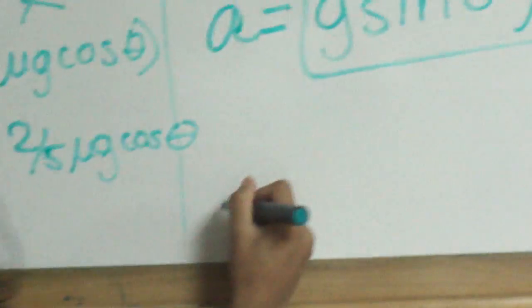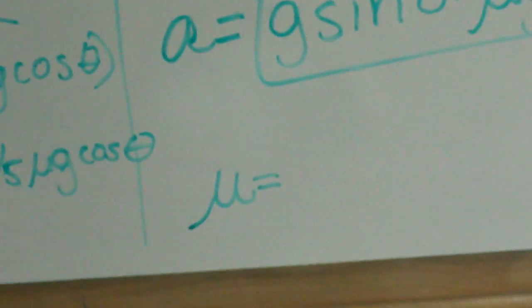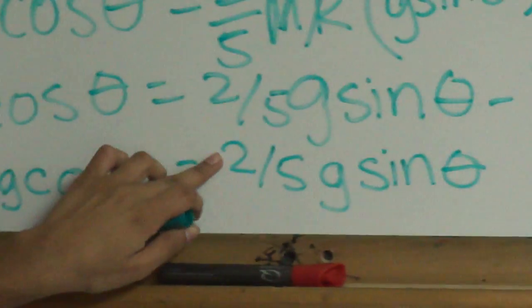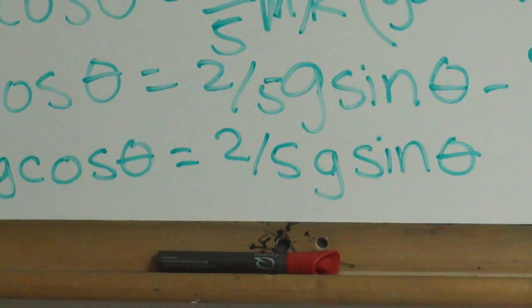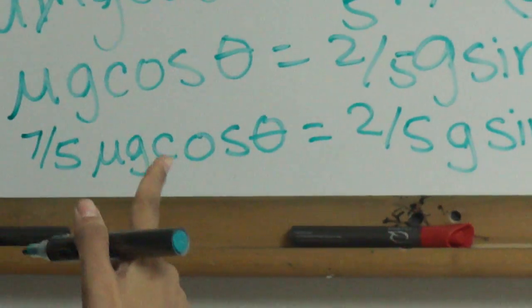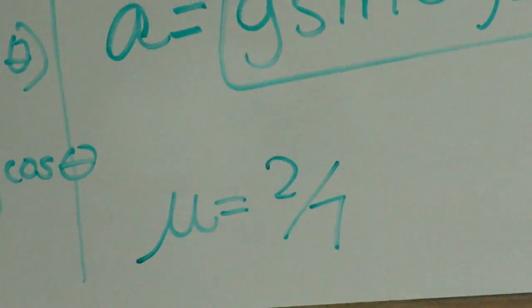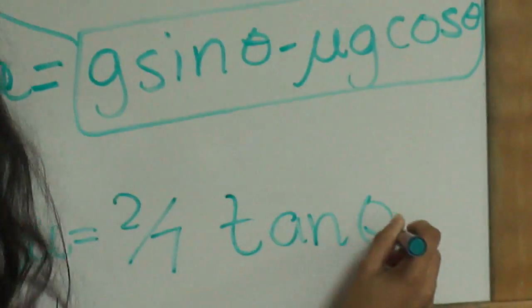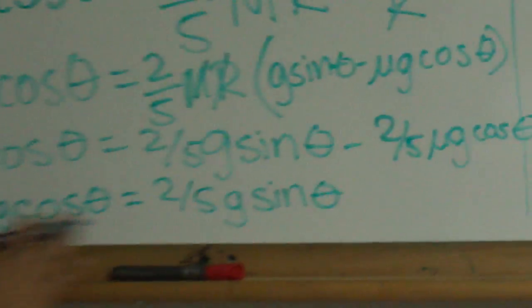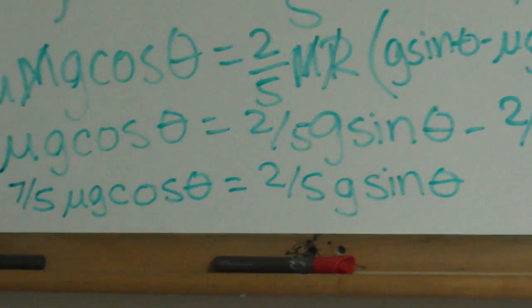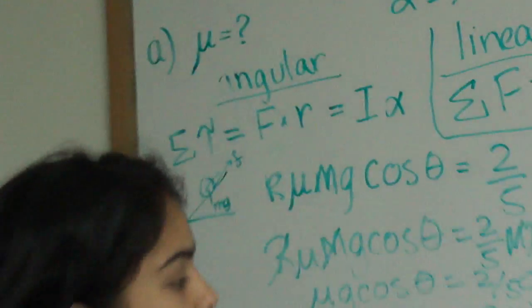And mu is therefore equal to 5 times 2, which gives us 10. We just switch and we'll be left with 2/7. The 5s will cancel. And we know that sine theta divided by cosine theta is tan theta. And the g's will cancel when we divide. Ultimately, mu equals 2/7 tan theta.